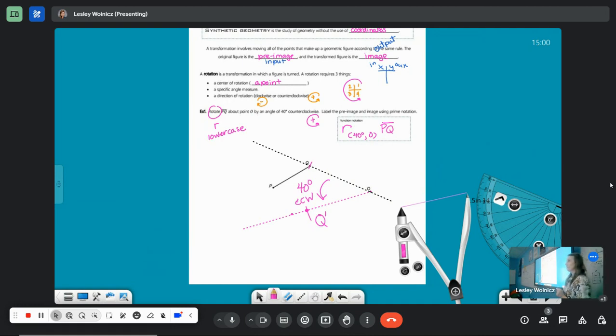Now, can you see that P is going to be somewhere like right over here? It's going to kind of go around in front.